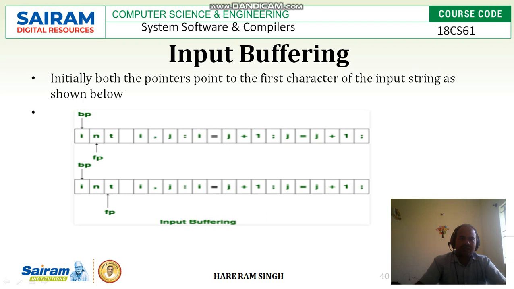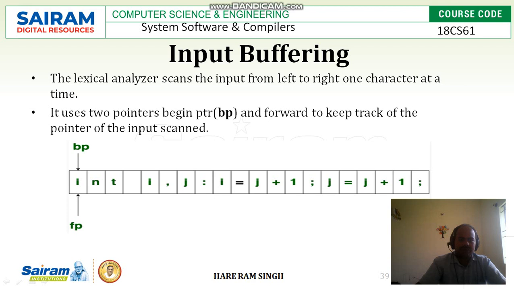Now, initially, both the pointers point to the first character of the input string as shown below. You can see that both BP and FP point to the first character of the input.